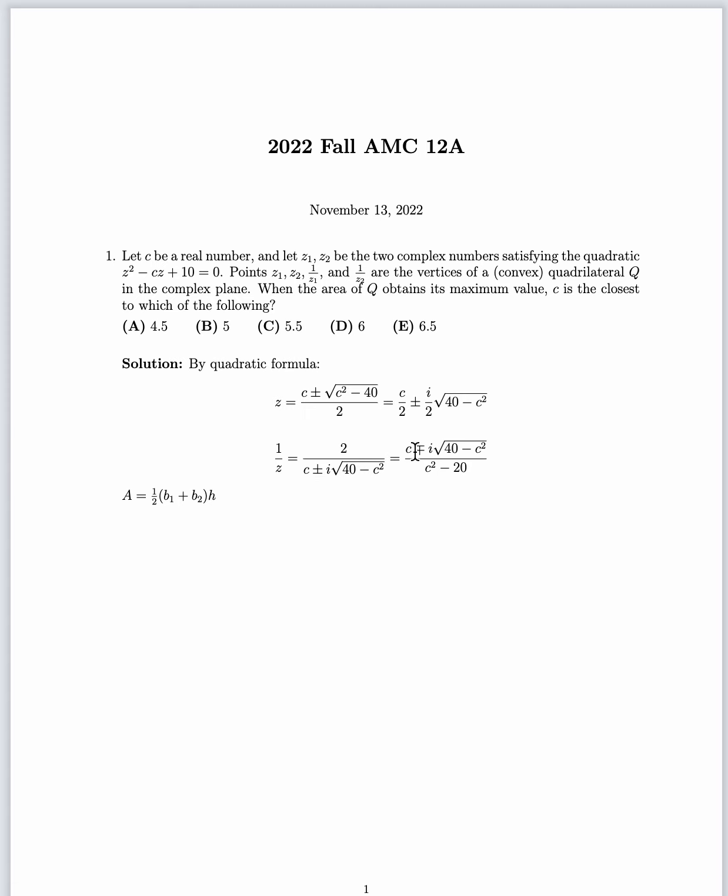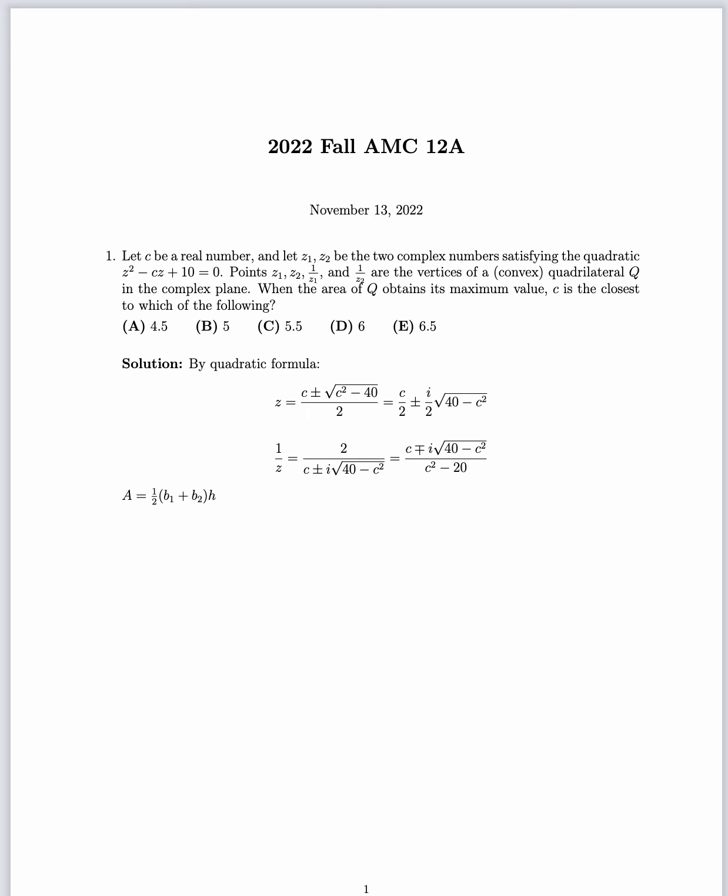And we can see that we're adding, and this is essentially two times the imaginary part. So 2 times the square root of 40 minus C squared plus, well, actually we don't even need the 1/2 since we know that this is 2 times the imaginary part.